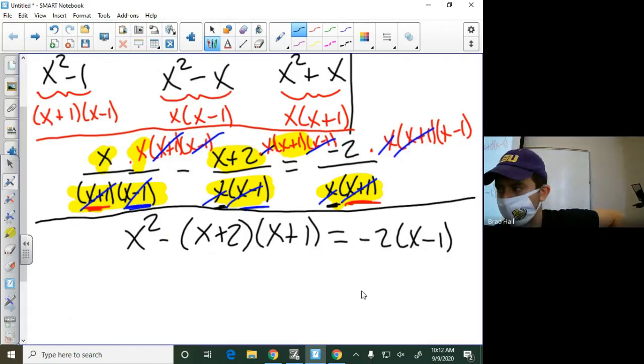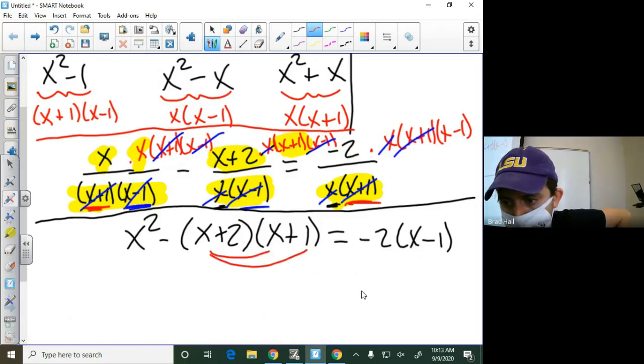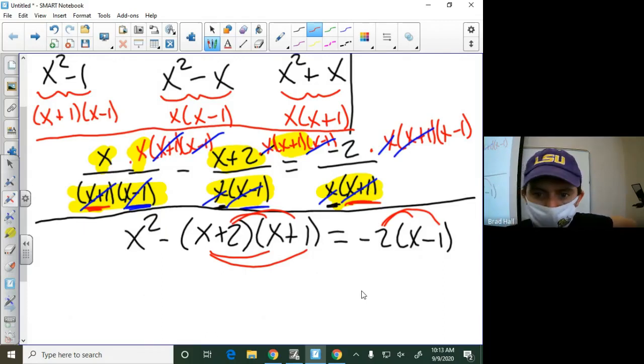From here, we just apply the typical algebraic steps. Here we have to FOIL. This is a FOIL situation. And over here on the far right, we have to distribute.